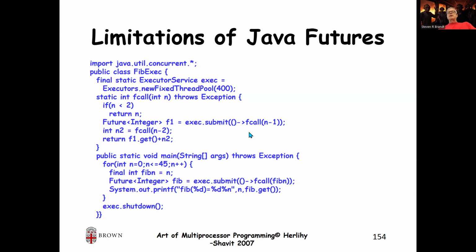Otherwise, I'm going to submit a callable that just does fcall of n minus 1, right? And then for the second value, I'm just going to call it directly. So I'm going to start this one in the background, and I'm going to run this one in the foreground. And then I'm going to say f1.get plus fn2 is my value for Fibonacci, right? So that's using the current thread and some different one.